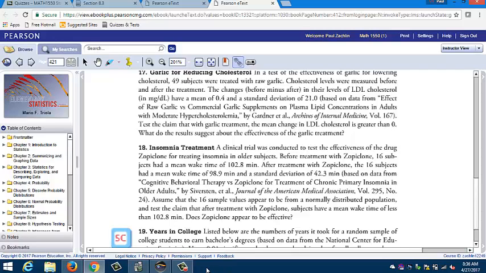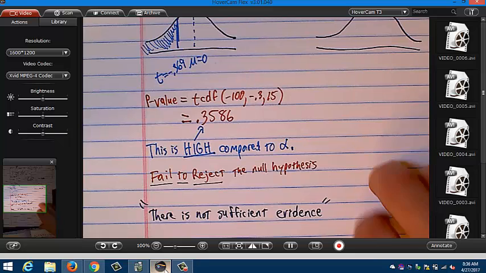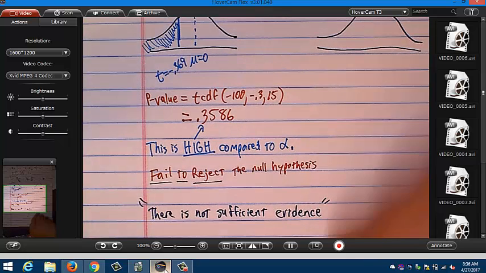Yeah. I guess if it were me, I would word it this way. It says this: test the claim that after treatment, subjects have a mean wake time of less than 102.8 minutes. See, if we did reject the null hypothesis, let me zoom out a little bit so we can see the whole problem.